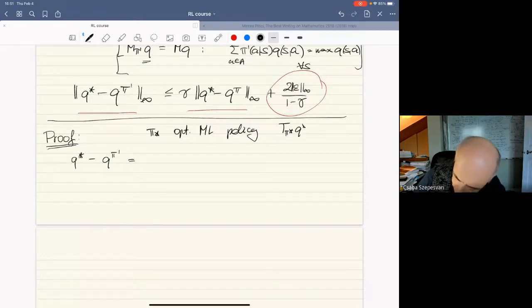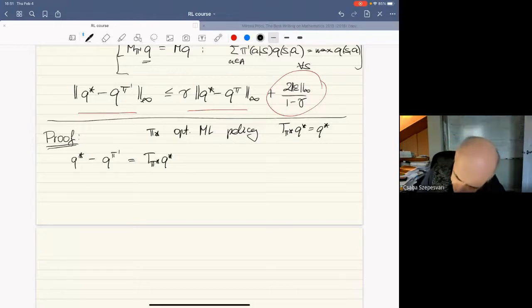So we know that q star is a fixed point of the underlying policy evaluation operator of this policy. So we can write T pi star q star in place of q star.